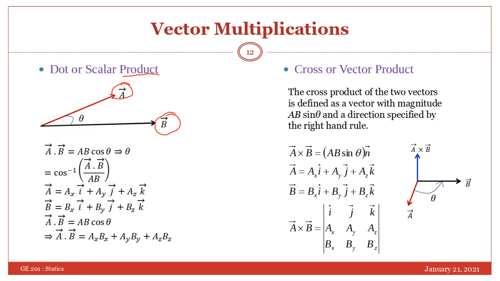Okay. So from here, cosine theta equals vector A dot vector B divided by A into B, so theta will be cos inverse of vector A dot vector B divided by A into B. This is how we have defined vector A dot vector B.